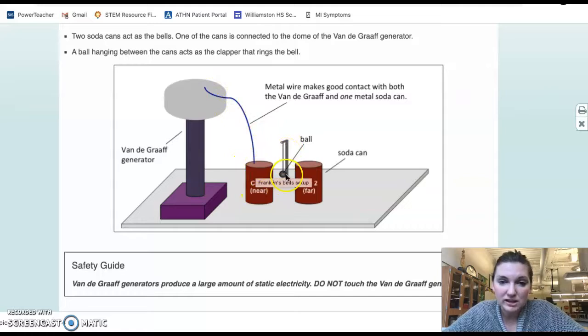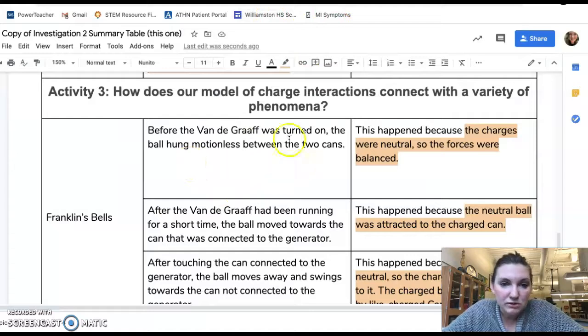We have a ball hanging down between them, and then a can that was not connected to the Van de Graaff over here. Before the Van de Graaff was turned on, the ball hung motionless between the two cans. This happened because the charges were neutral, so the forces were balanced. That ball does not have a charge. Everything has positive and negative charges, but they're balanced, and that's what makes the difference.